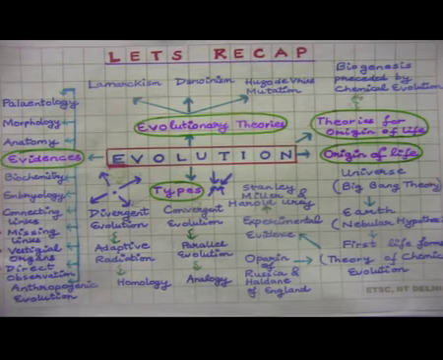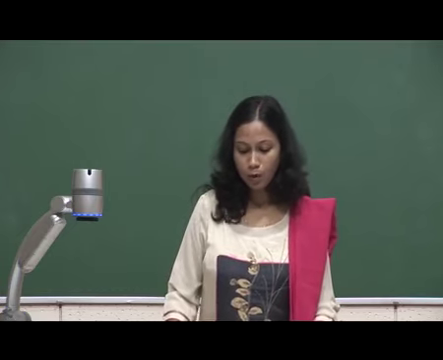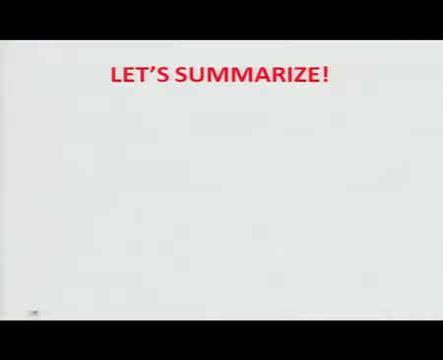So, with this quick recap, I think you are in a better position to understand the concepts of evolution, and we will go one step forward. Let me quote one thing here, that evolution is rarely a straight line process from one species to species.